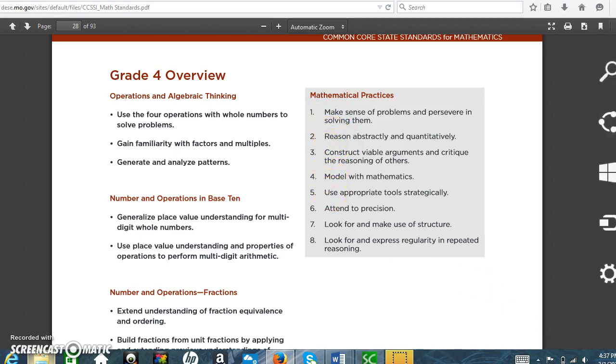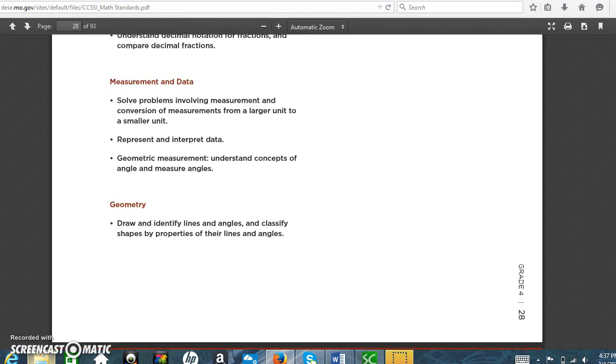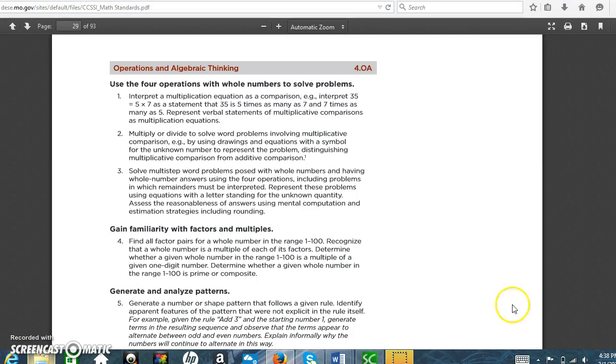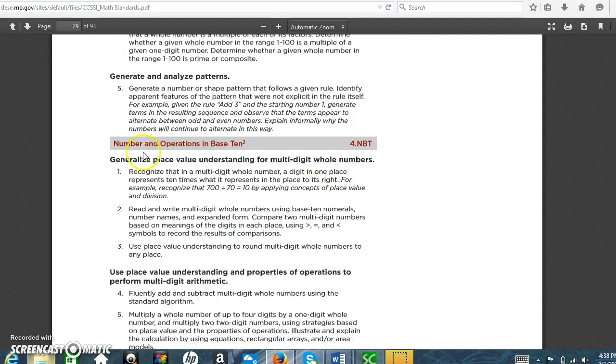All right, let's go ahead and look at the next area. This breaks down the overview. It breaks down the heading of using the 4 operations with whole numbers to solve problems and gives it a little more specifics. But again, we see that domain, 4.OA, 4th grade, O for operations, and A for algebraic thinking. Then we see our numbers and operations in base 10, 4.NBT, 4th grade, numbers, base 10.